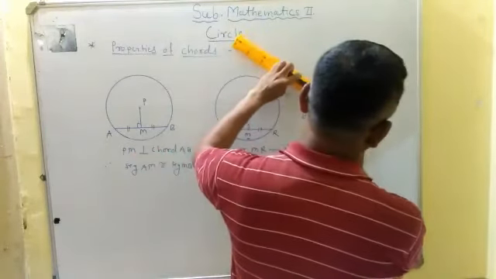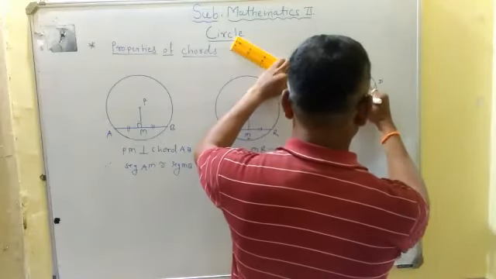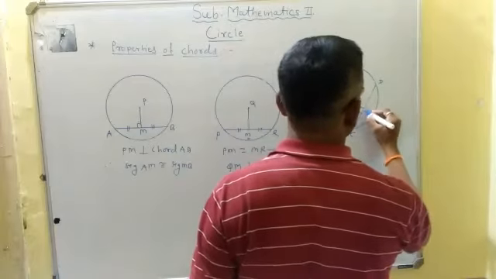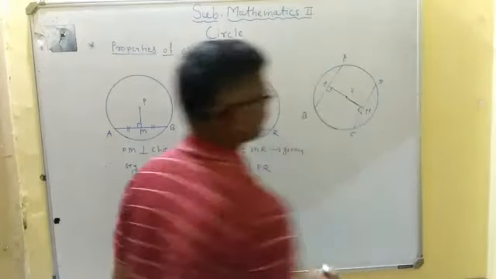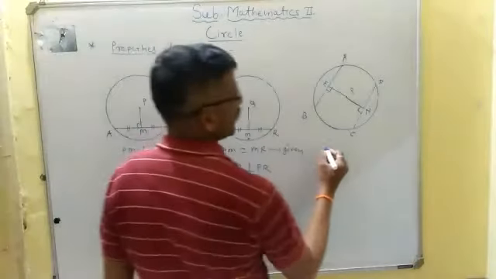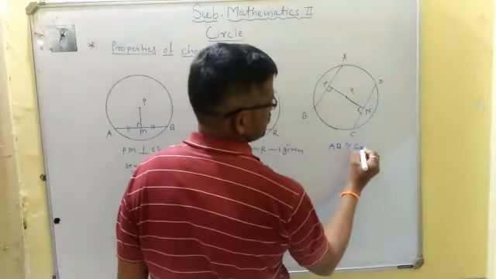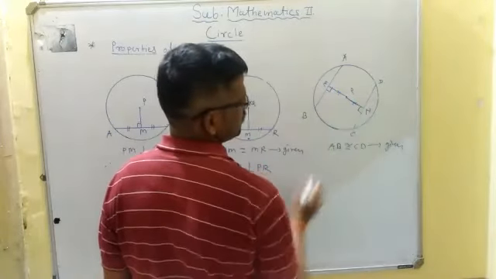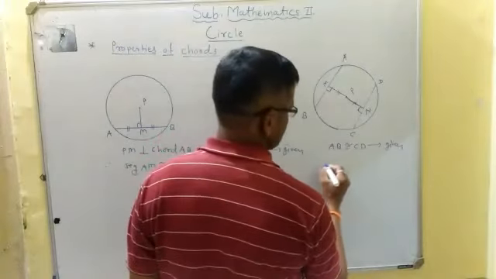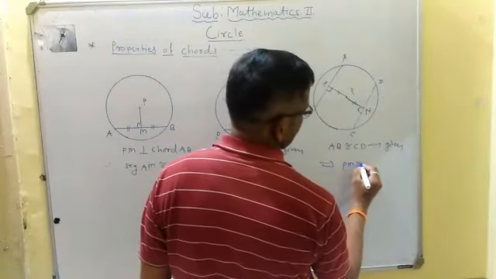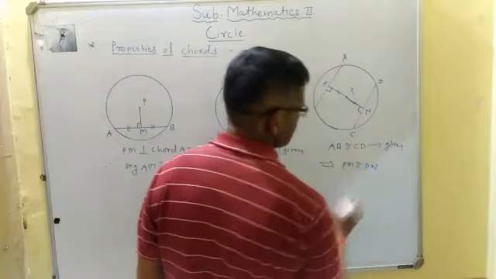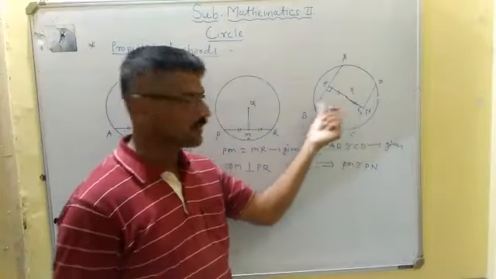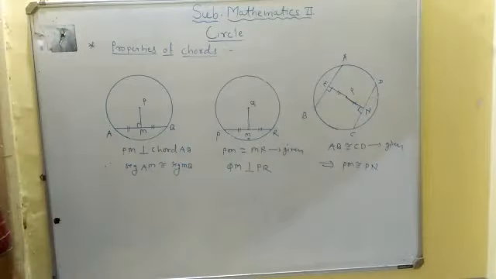Also we construct the perpendicular to chord CD from center P, which is PN. Then chord AB is congruent to CD. That is the given. Then the distances of the chords from the center are congruent. That means here we get PM congruent with PN. That means congruent chords are at a congruent distance from the center of the circle. Those are the three properties we learned previously.